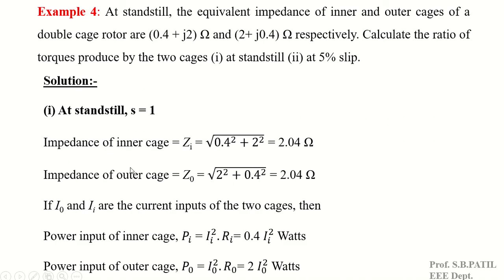Then measure the currents I0 and Ii. Power input of the inner cage, Pi equal to Ii square into Ri. This is the value here. And power input of the outer cage, P0 equal to I0 square into R0. This value is there.